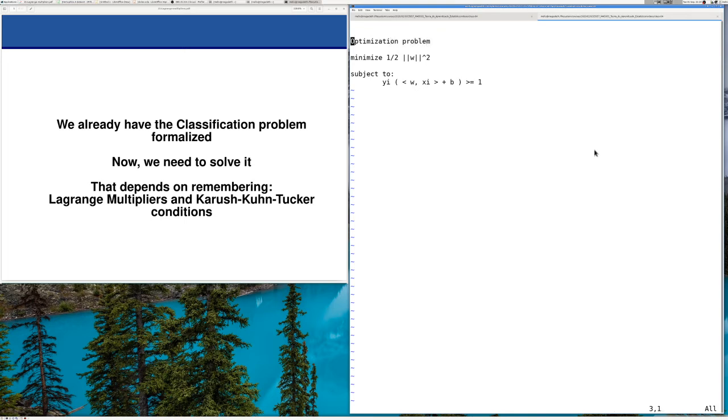To be more specific, this is the support vector machine optimization problem. If I solve it, I will have the solution, just the solution for the best algorithm in the literature.